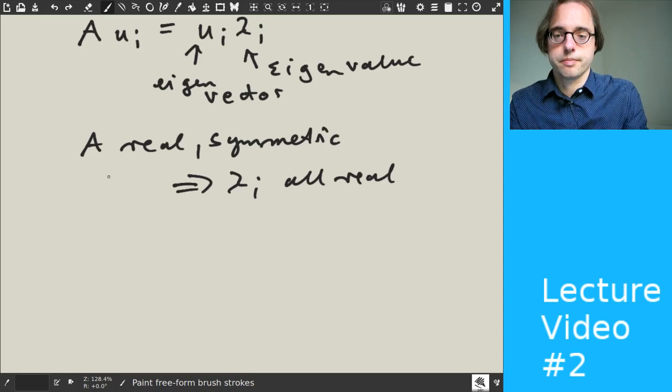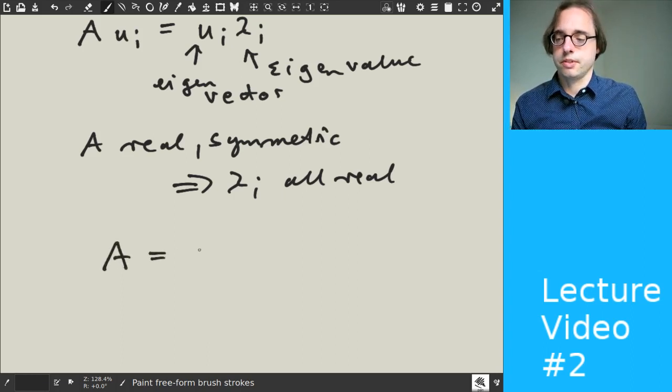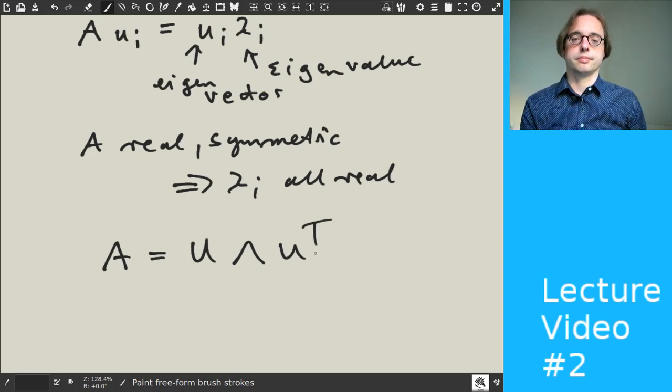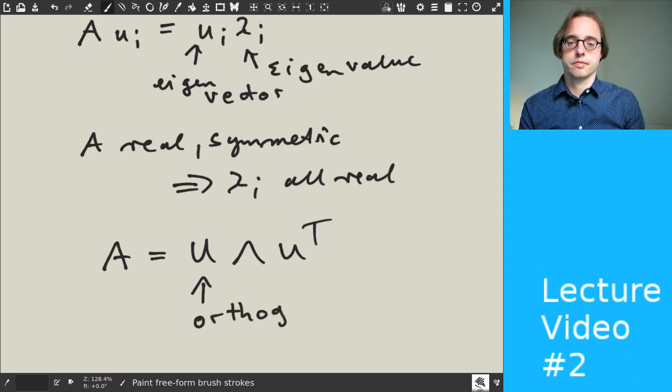We can write A as a product of U times Lambda times U transpose. Here, U is an orthogonal matrix, and this orthogonal matrix is composed of all the eigenvectors.